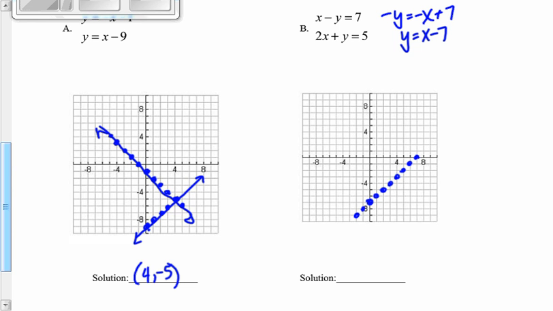So there's my first line. And then my second line, I'm going to subtract 2x. So that means I'm going to start up here at 5 with a slope of -2. And I can see where that crashes into this first line. And that value is at 4, -3.